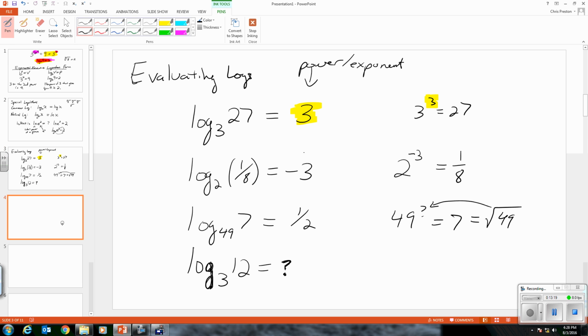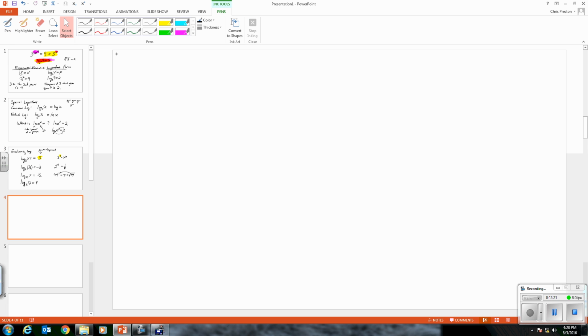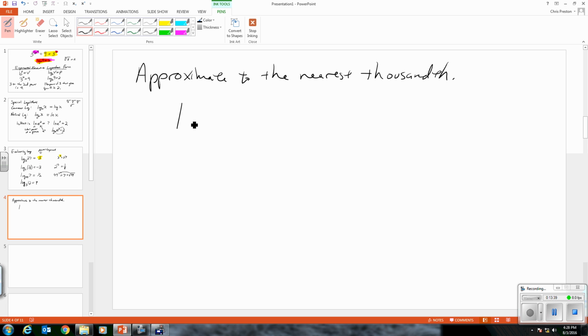But it can do some values. So if I said, I want to approximate to the nearest thousandth, log 27.